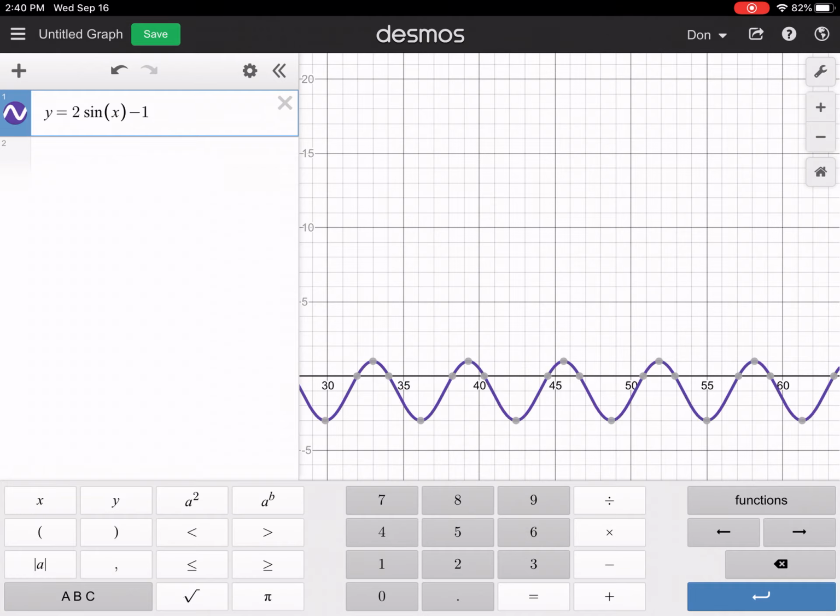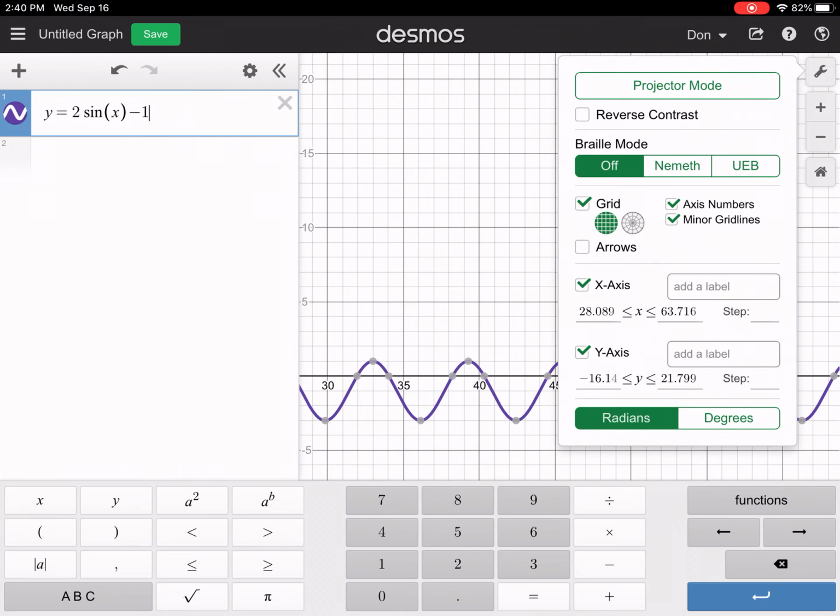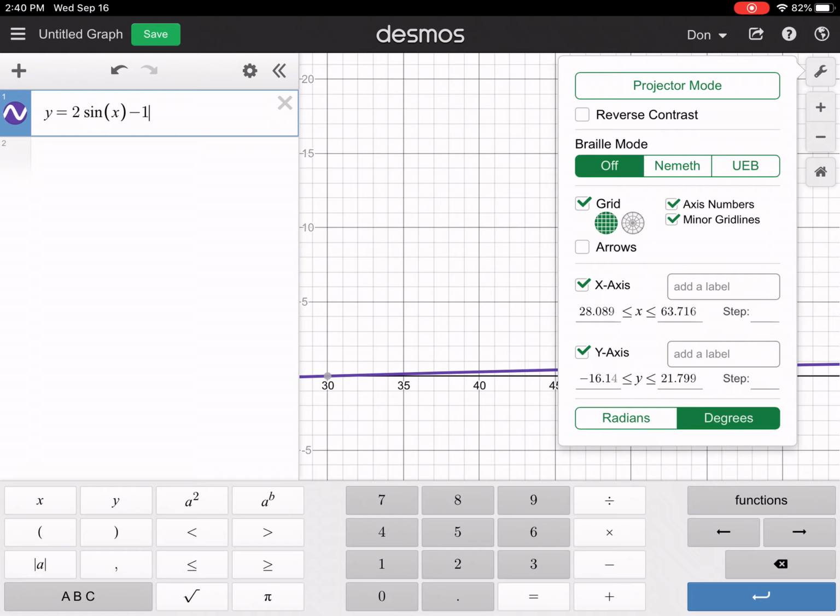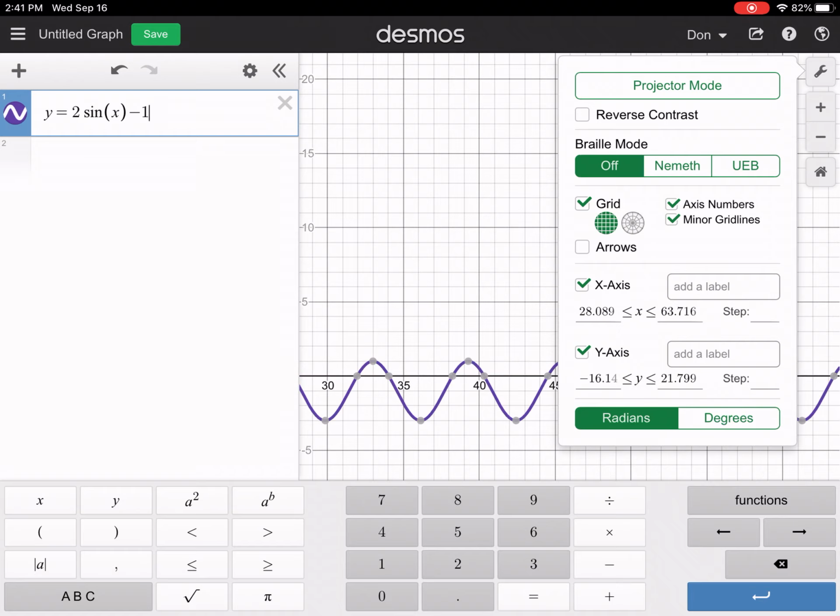One thing I have to do for using Desmos, which I forgot, and that's why my graph is looking pretty funny, and it's a good chance to talk about it, is we have to change the settings here. Actually, I've already done it, but I still have to play with some other things. Your settings may be automatically set to degrees, so go into the settings and first of all make sure it's in radians.